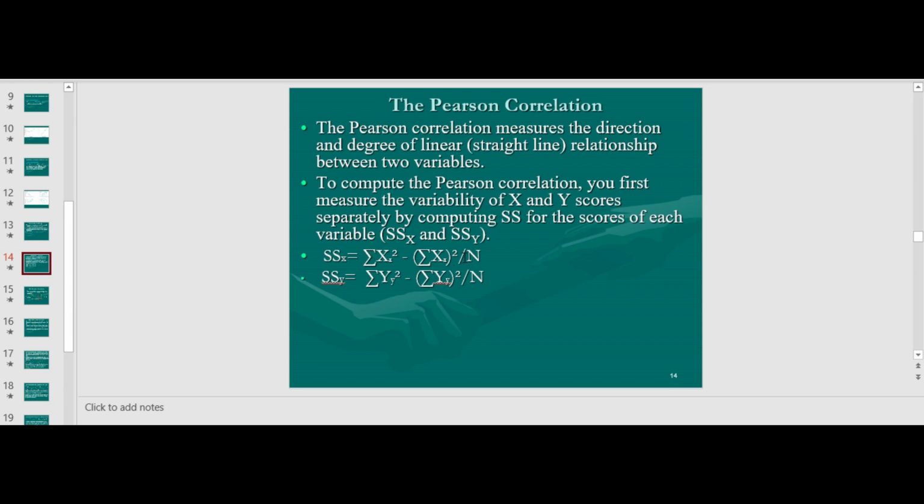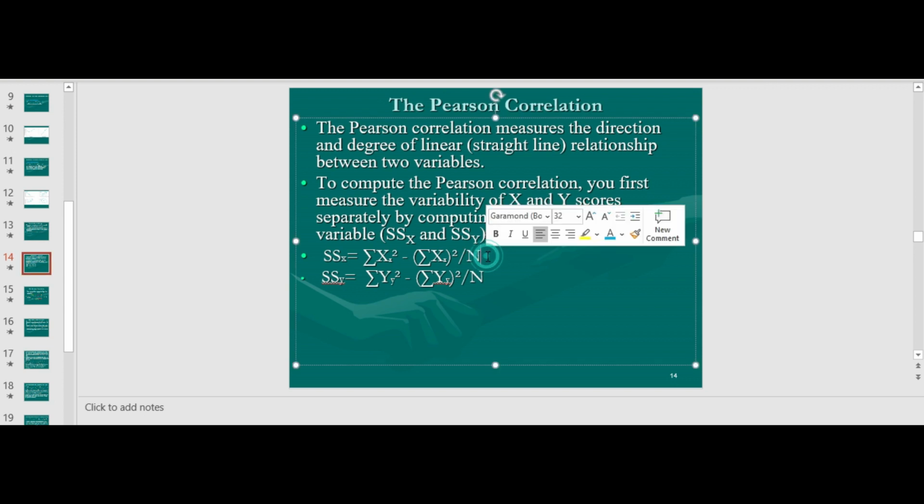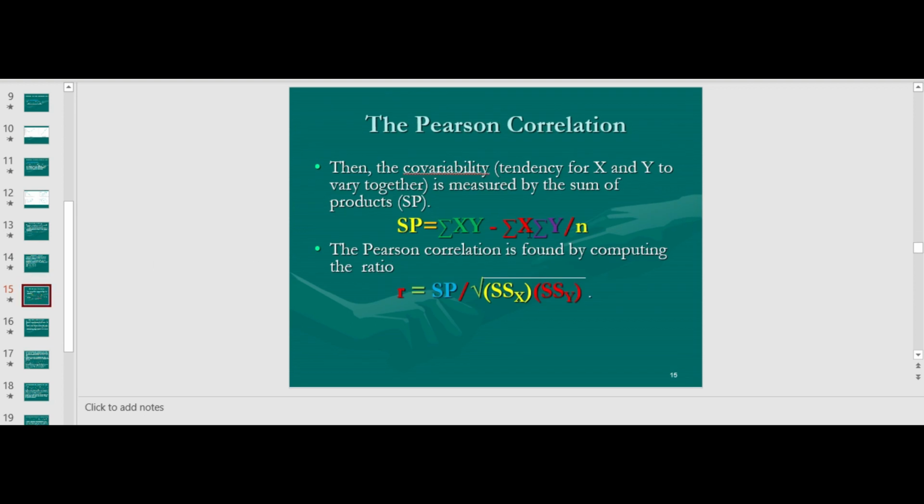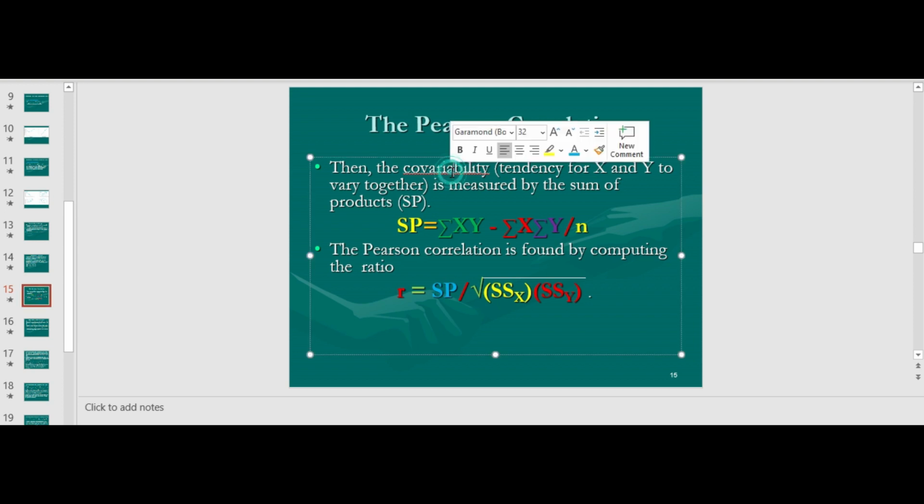We have also learned a different formula for the squared deviation. This formula has also been discussed in our previous lectures, and this formula may be new for you to some extent, in which we are measuring the co-variability between the two variables.